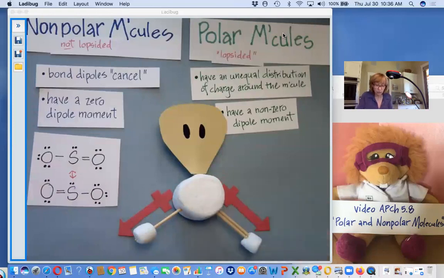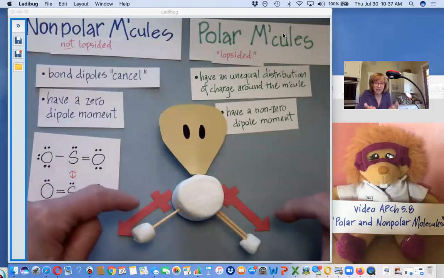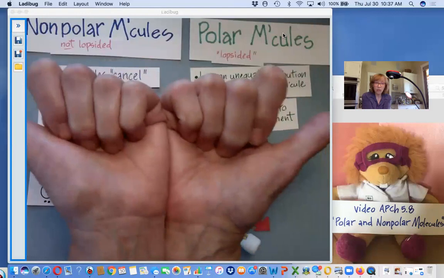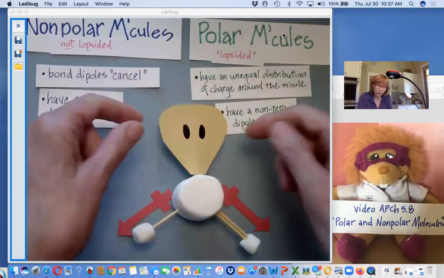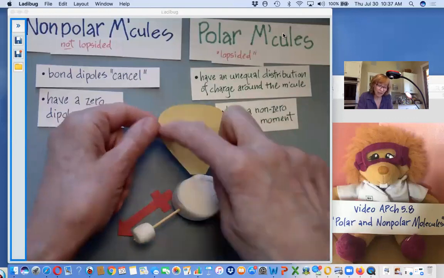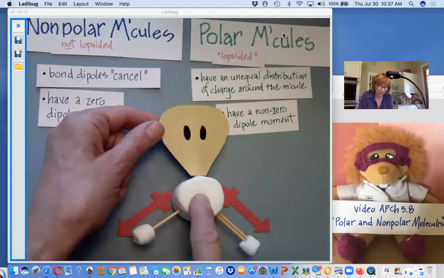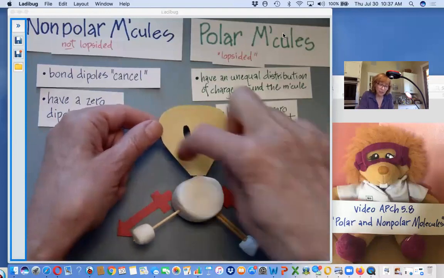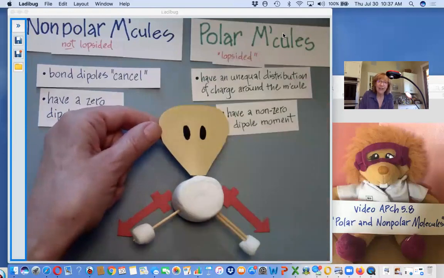So we have 2 equal bond dipoles, but they are not diametrically opposed. They're not 180 degrees apart. And furthermore, we have an electron pair here that belongs exclusively to the central atom. So that's another area of electron density, and it does not have a balance on the opposite side.